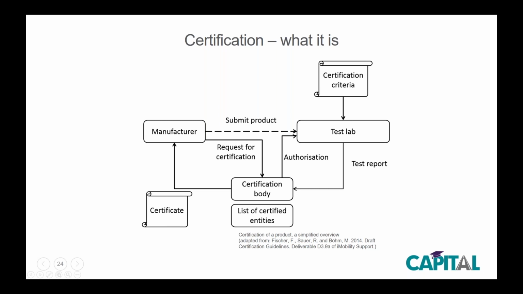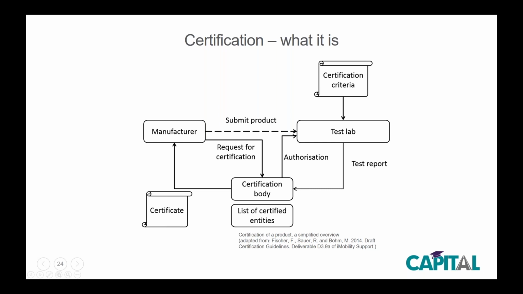After the certification request, the manufacturer submits the product for testing to an authorized testing lab. Then the testing lab performs the tests related to applicable certification criteria and provides a test report. Based on the test report, the certification body adds the product to the list of certified entities and issues a certificate.